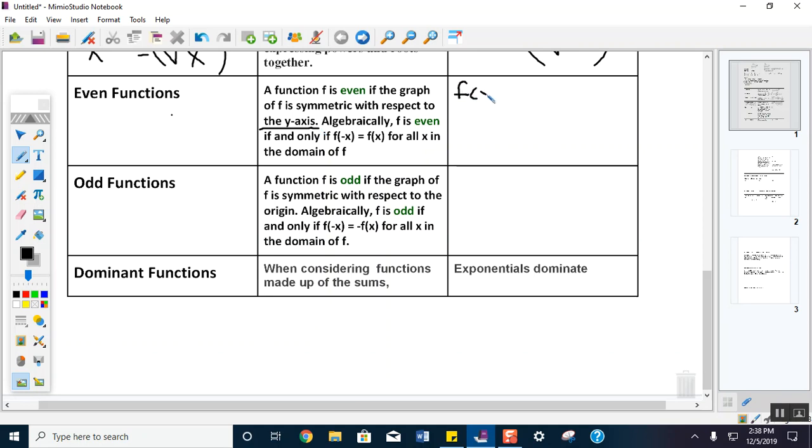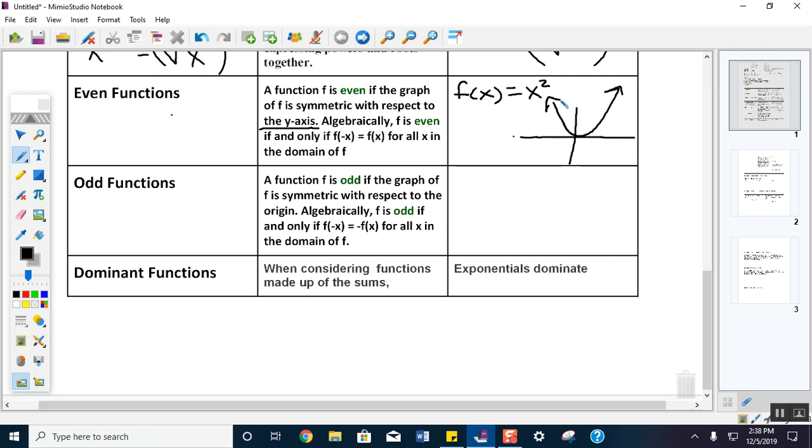Is that okay? You guys agree that that's a parabola with a vertex at the origin, right? Is a parabola with a vertex at the origin, or a vertex for that matter on the y-axis, going to be symmetric about the y-axis? In other words, will the left half fold over the right half? Okay. So that would be considered an even function.